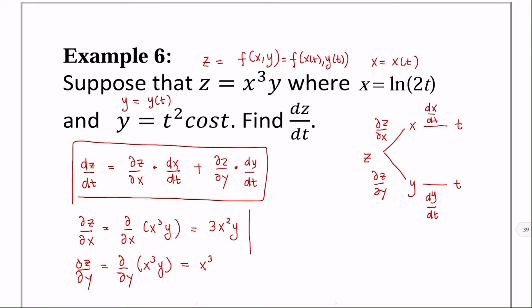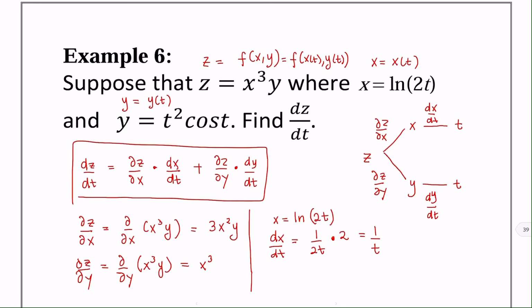Now we want to find dx dt. We have x equal to ln 2t. So dx dt is equal to, for ln, 1 over 2t in general. We need to multiply with 2, so we will obtain 1 over t.